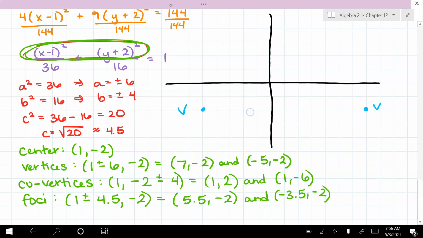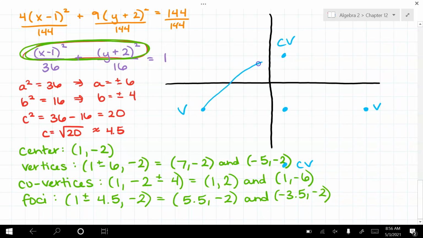I went negative 1, negative 2. Should be there instead. That looks more in the middle. Okay, now my co-vertices, we have 1, positive 2, 1, negative 6. All right, so let's go ahead and sketch that ellipse.